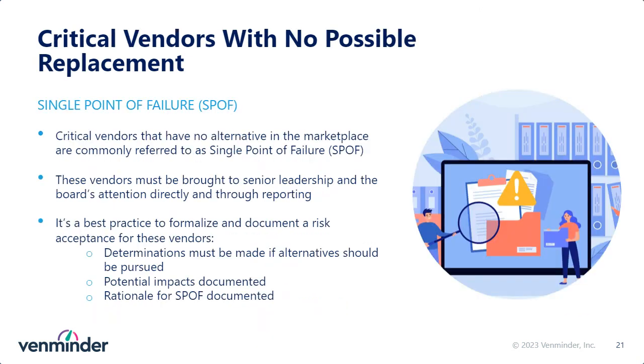Another really important detail that we need to talk about, especially with critical vendors, is if they're an SPOF, which means a single point of failure. And this does happen. This means that there's no redundancy, which could mean there's not an alternative in the market, like they're the only provider. But it could also mean that implementing or retaining an alternative just isn't feasible due to finances or other resources.